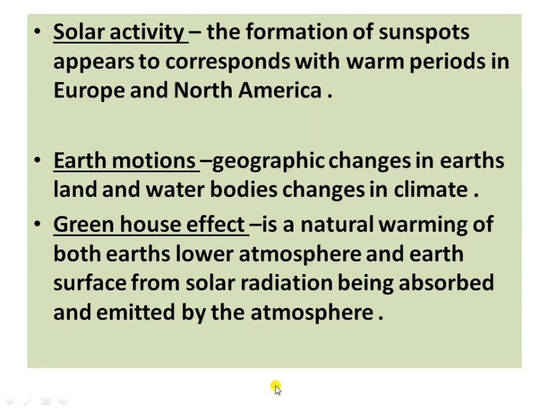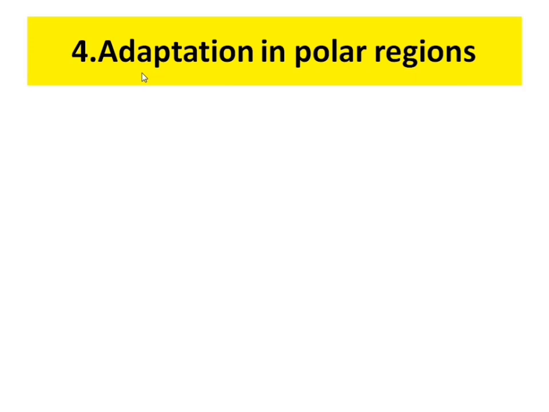When the sun's energy reaches the earth's surface, some of the energy is reflected back to space and the rest is absorbed, and then the rest of the energy is re-radiated by the greenhouse gases. So the absorbed energy warms the atmosphere and the surface of the earth. This is the greenhouse effect.